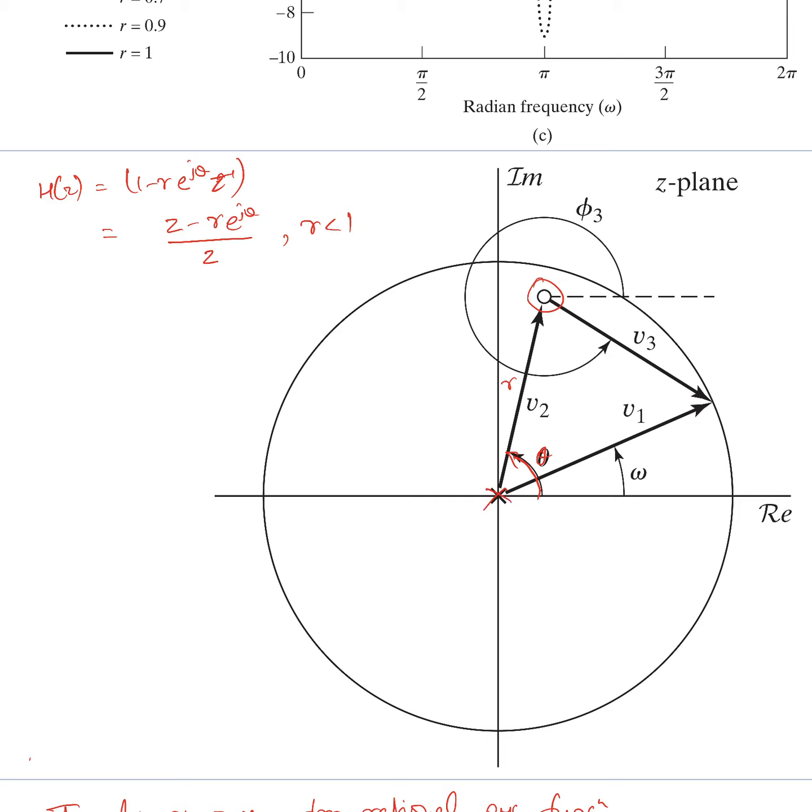So this is for this particular scenario. Let's say for the zero we denote it by some vector v2, and this is a moving vector v1 at an angle of omega. By using vector calculation, you can compute this vector v3, which is nothing but v3 equal to v1 minus v2.